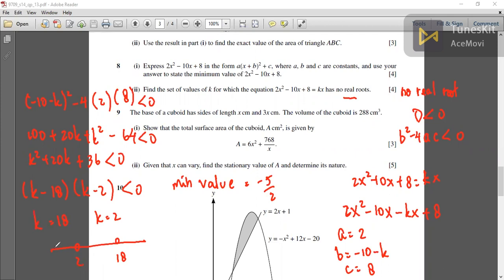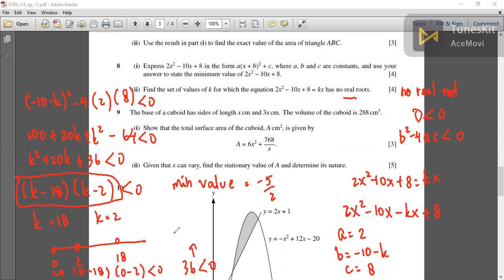Let's try here. We put 0 here. So if k is 0, then 0 minus 18, 0 minus 2, smaller than 0. Minus and minus, so we got positive, so this is 36, smaller than 0.